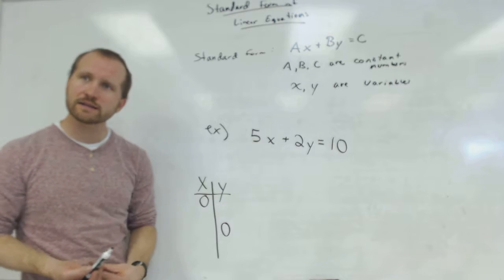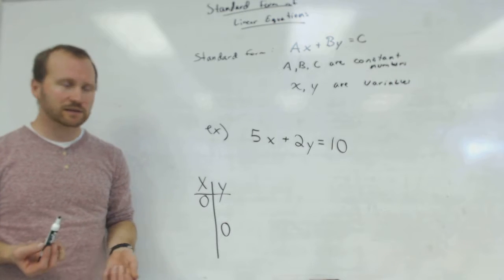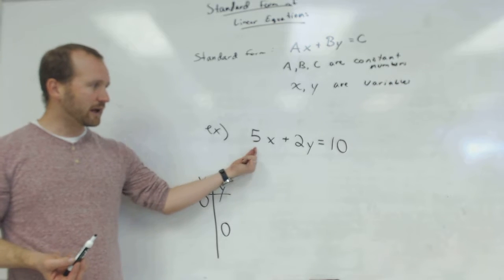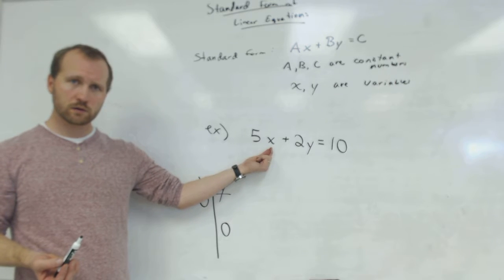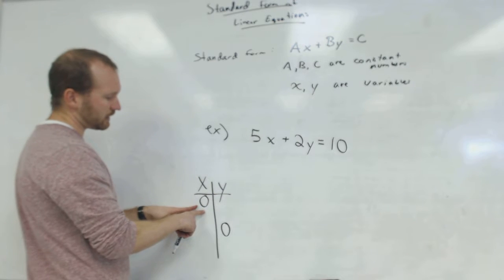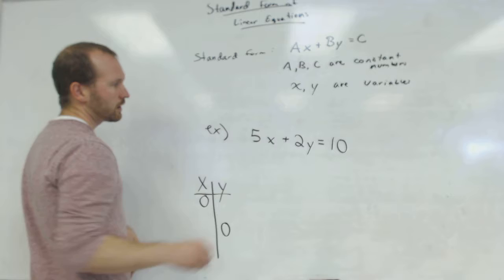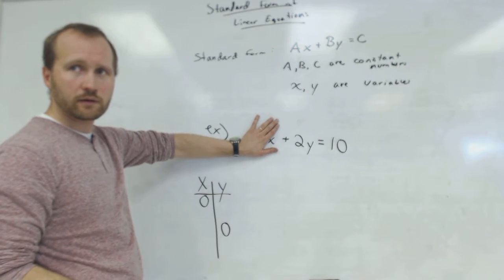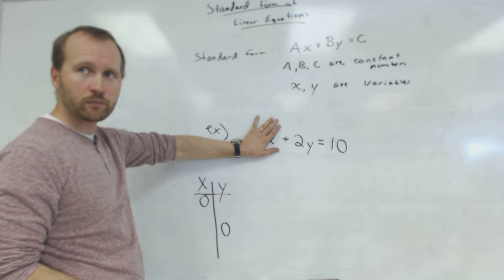Now, that's actually really easy. Because if x is 0, what's 5 times 0? 0. It's just 0. So essentially, when we plug 0 in for x, what we're really doing is just covering up the x term.